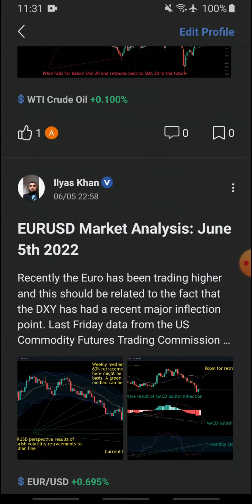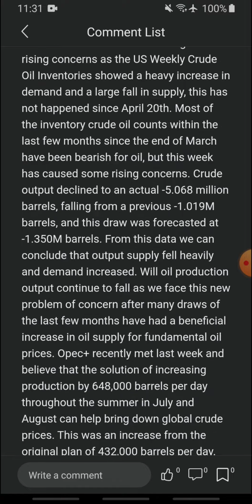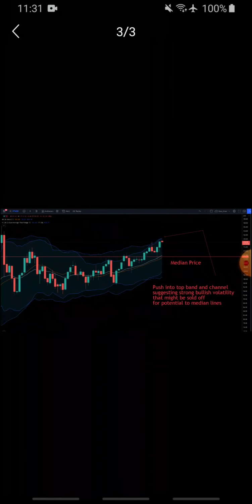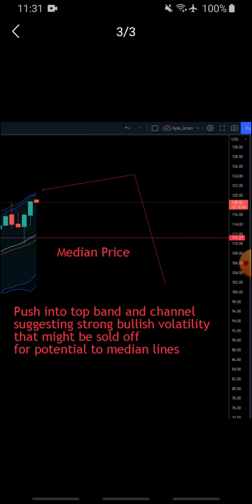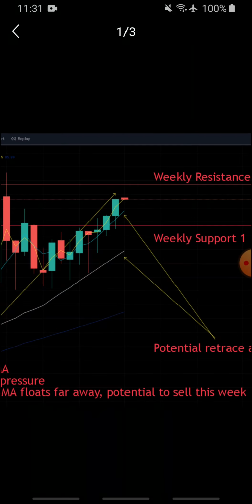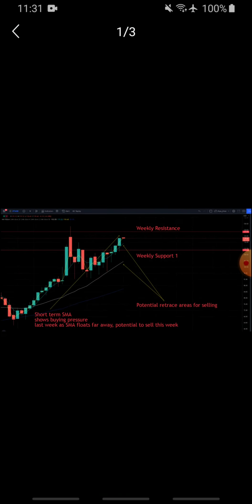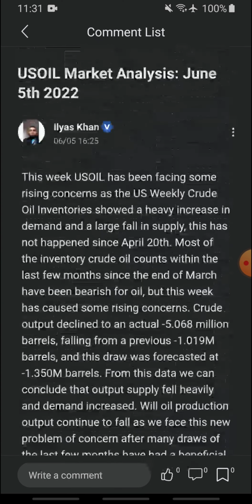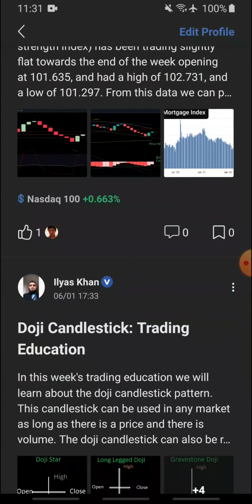Just some more of my recent calls. The US oil short is at 118 and it came down. I had to take the dates off because they don't want the TradingView symbol on their app. There was the US oil, a little bit of a short.